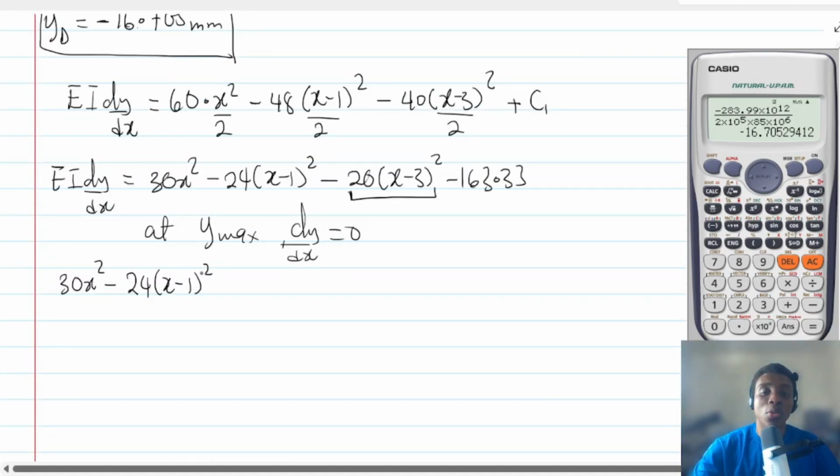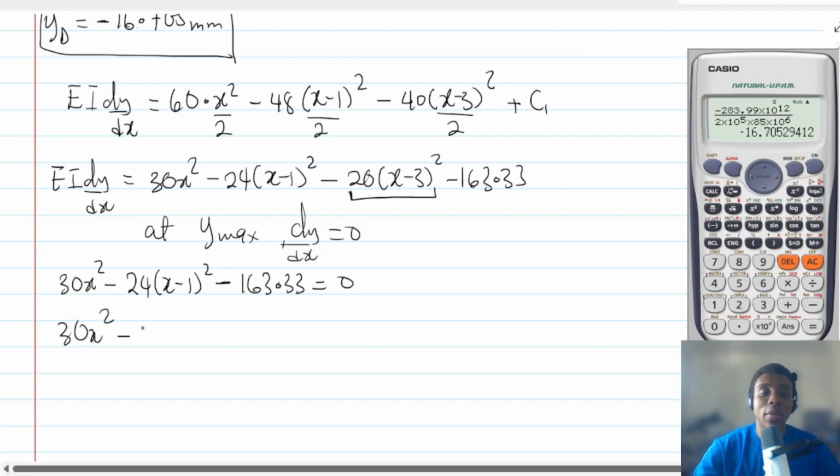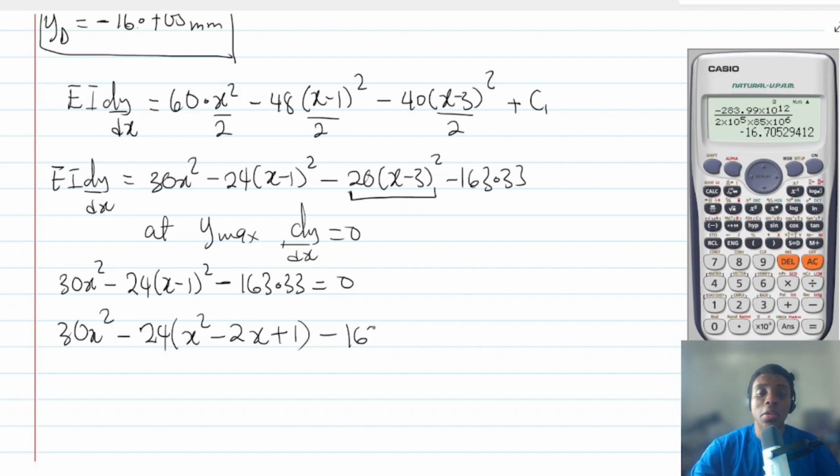So we go ahead: 30x squared minus 24 (x minus 1) squared minus 163.33 is equal to 0. You see this quadratic equation here, you will solve it. So 30x squared minus 24 times (x squared minus 2x plus 1), if you open the brackets, should be equal to 0.